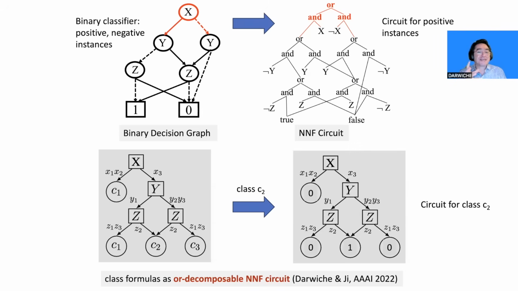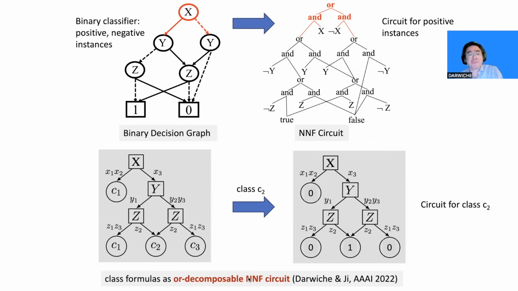But that testing still satisfies a property we refer to as the weak test-once property. And in both cases, we show how you can easily get circuits in the form of or-decomposable NNFs. And that's why we were able to get closed form complete reasons and general reasons for decision graphs. So you can check this paper for that technique.